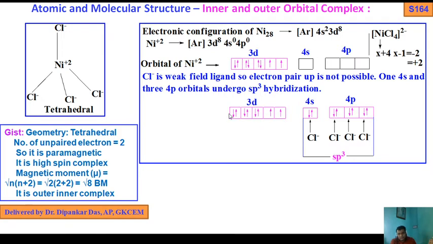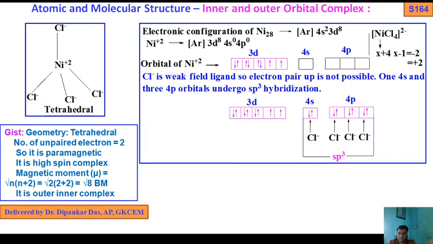There is no question of pairing of electrons in the 3d orbital. In this hybridization, how many s? Only 1 s. How many p orbitals? 3 p orbitals. So we get sp3 hybridization, and the shape is tetrahedral. So for [NiCl4]2-, the shape is tetrahedral.